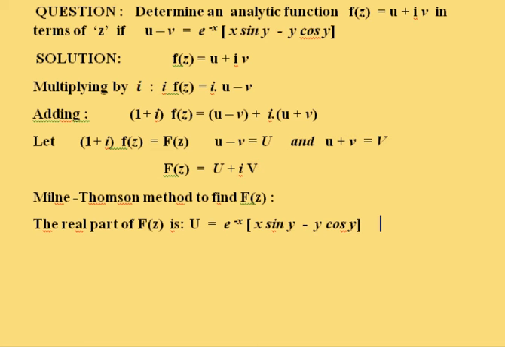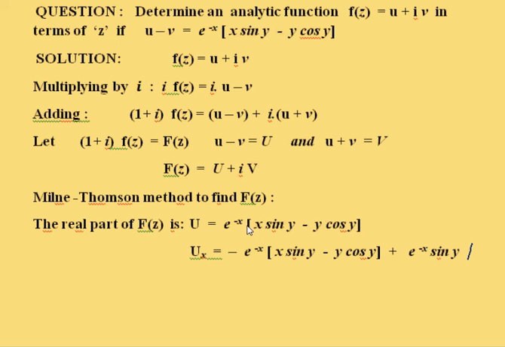In the Milne-Thomson method, we partially differentiate U by x and by y. So let us differentiate partially U by x. We will get del U upon del x, let us represent that by Ux. Here Ux means del U upon del x, and it will be equal to minus e raised to the power minus x, (x sin y minus y cos y) plus e raised to the power minus x into sin y.